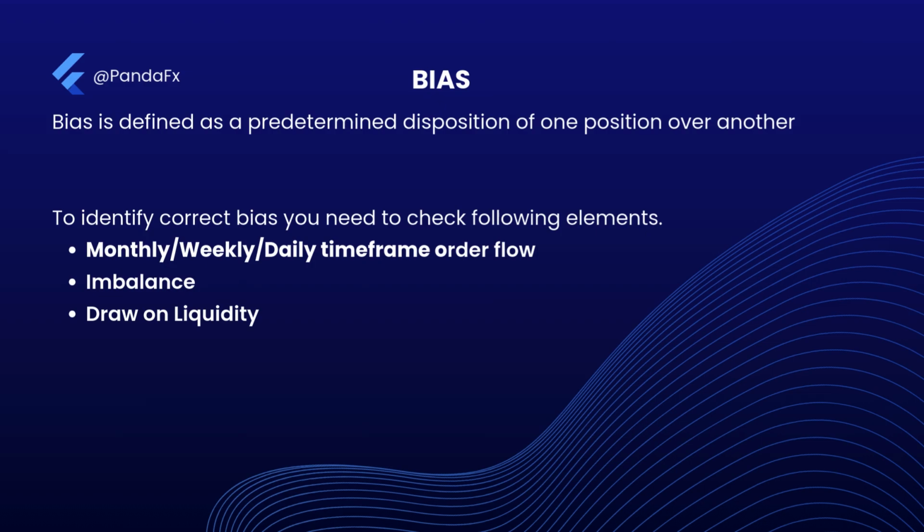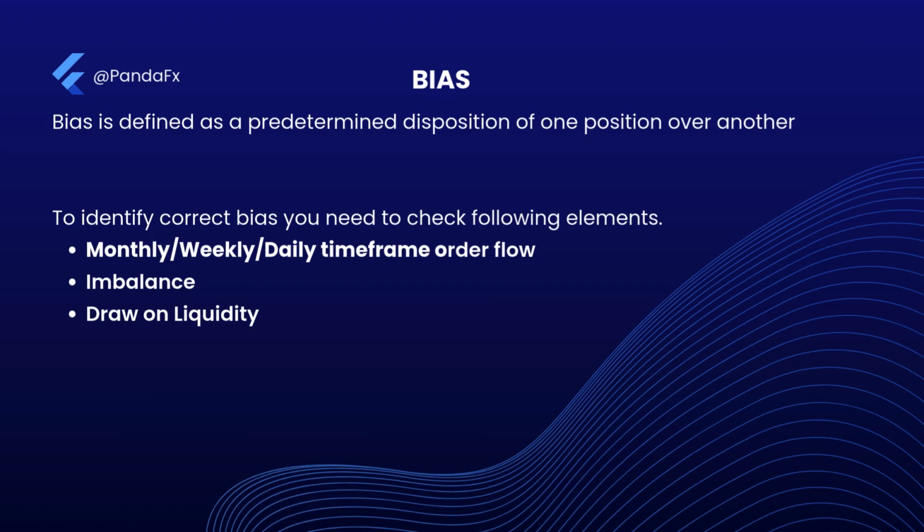So to identify correct bias, you need to check the following elements. You have the monthly, the weekly, or the daily time frame order flow. You have the imbalance, in terms of maybe a liquidity void that price will eventually come back to fill. They might not fully fill the liquidity void.